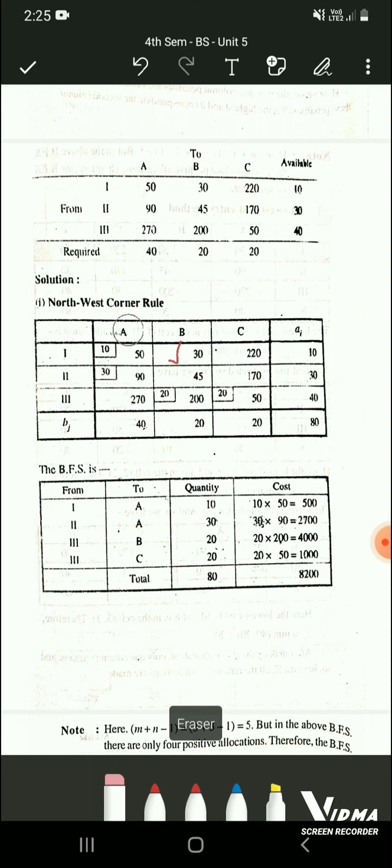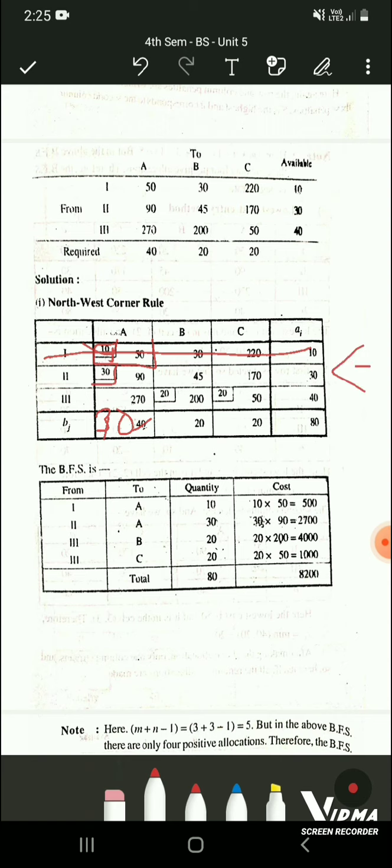Here this is the reverse case, because we have made all the allocation to the cell 1, 1, this completely is vanished. Therefore we'll come to the next cell, and here out of 40 requirement you have completed 10, therefore 30 is remaining.